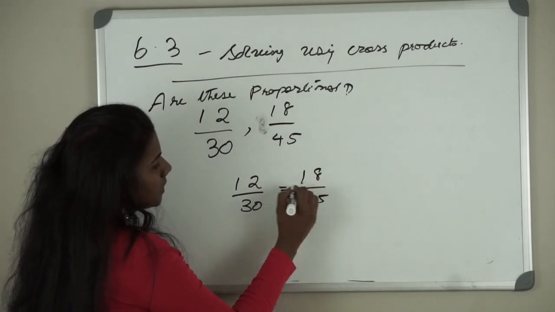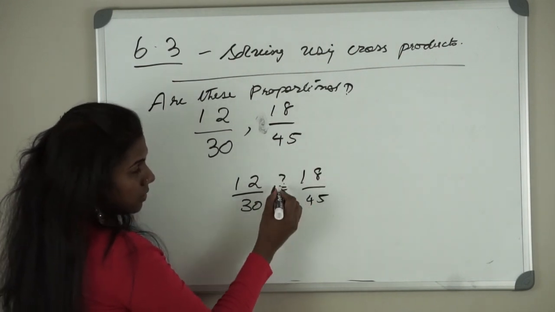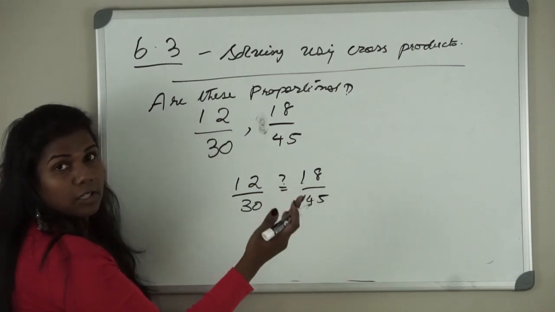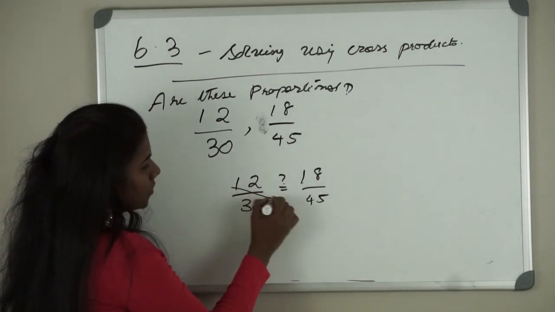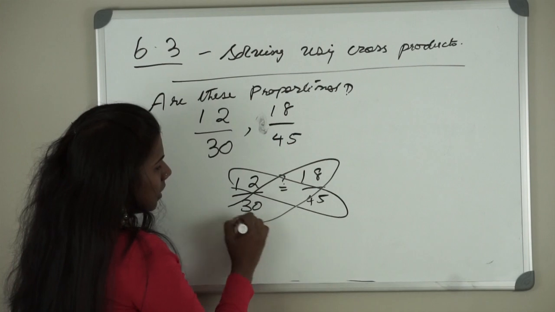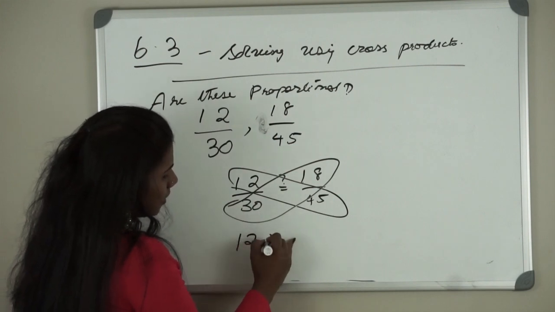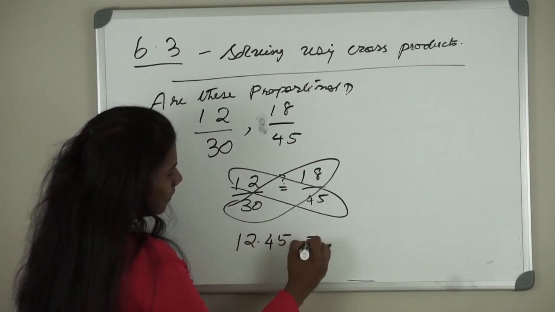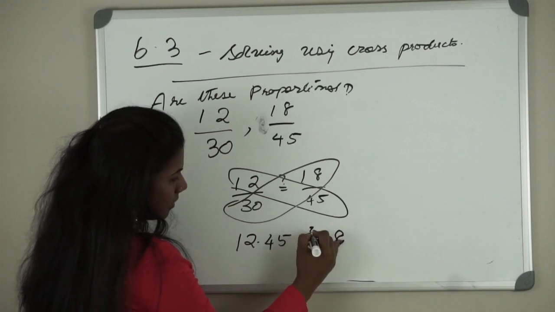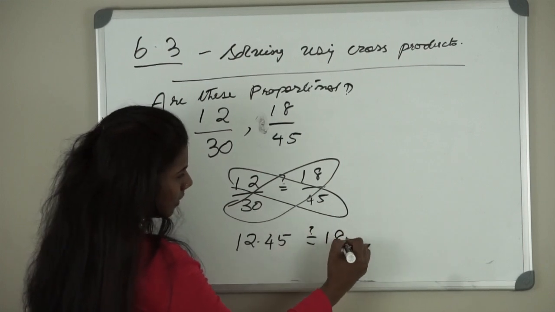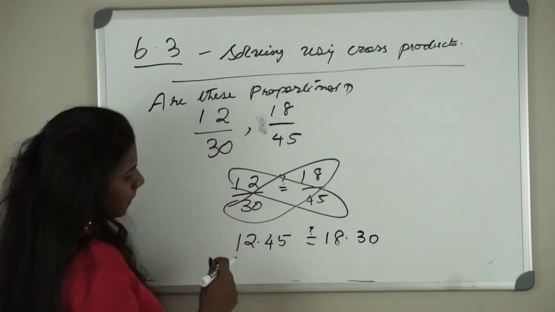Okay, so we still don't know here, so don't put equal. There is still a question whether this is equivalent or not, but let's do the cross product and figure that out. 12 times 45 is equal to, is it equal to, I don't know, 30 times 18?